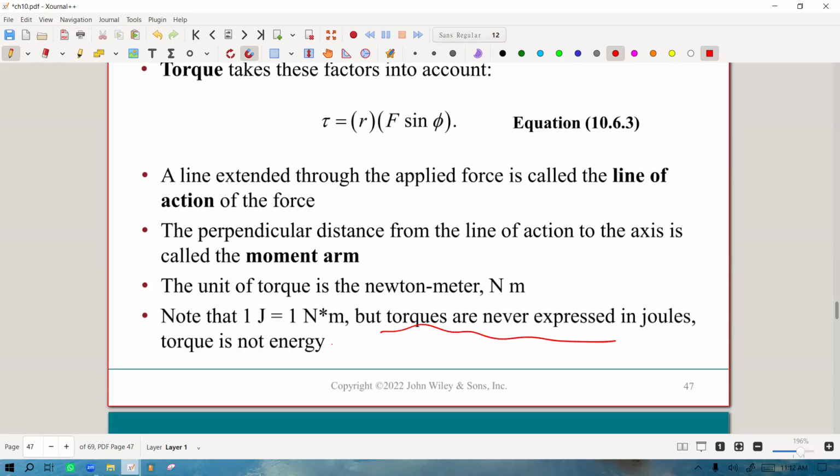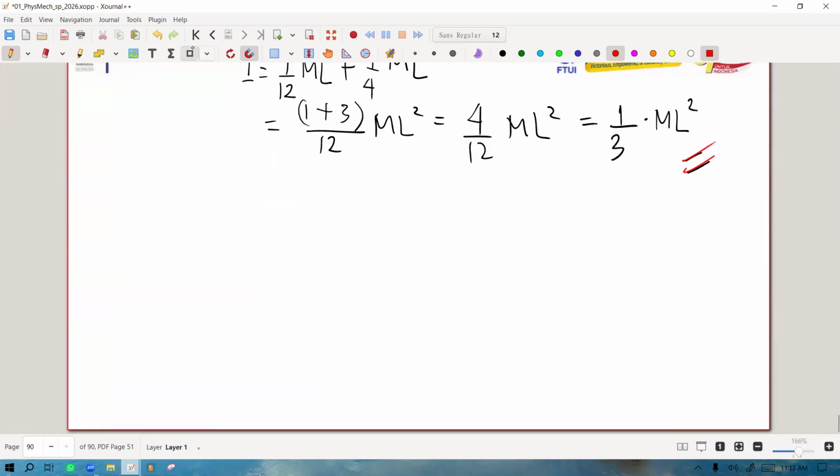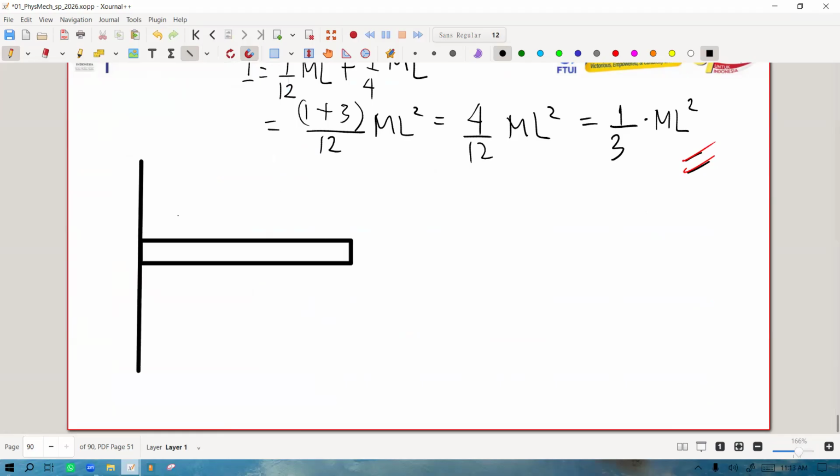Okay, this one is the difference between torque and work. Remember that work is a scalar quantity, but torque is a vector quantity. Imagine that we have this one as the pivot, and then this one is the force.